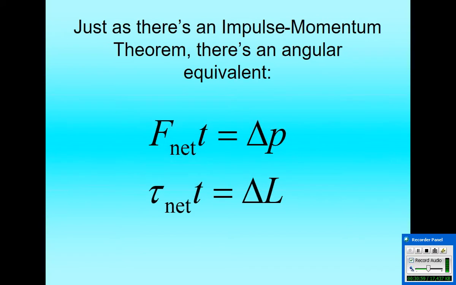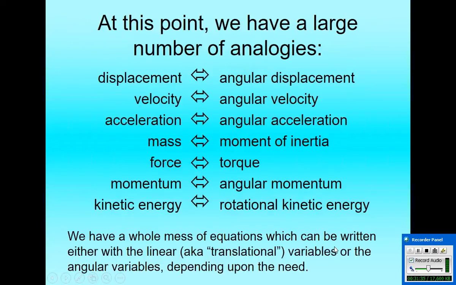And just as you can show that the impulse momentum theorem, net force times time equals change in momentum, from Newton's second law, you can also show that net torque times time equals change in angular momentum. Might be good practice for you to do this. Go back a few lectures, look at the derivation of the impulse momentum theorem from Newton's second law, and see if you can follow the steps and duplicate them for the impulse momentum theorem for angular motion. Not requiring it, but if you want a suggestion for studying, I don't think that's a bad one.